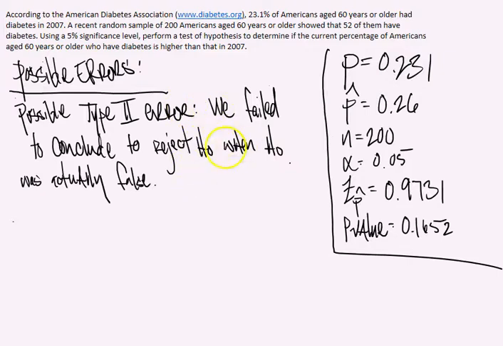So we wrote it in terms of statistics, but we want to explain this in context because when we do this for a job or a professional paper, the average reader is going to have no idea what this thing means, right? So we want to write this in context, okay?